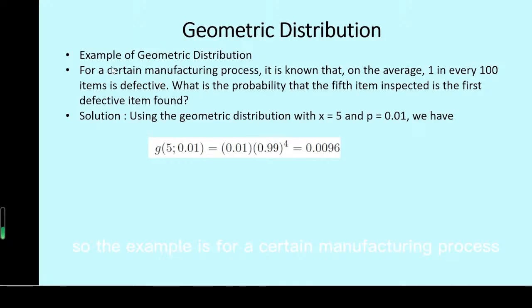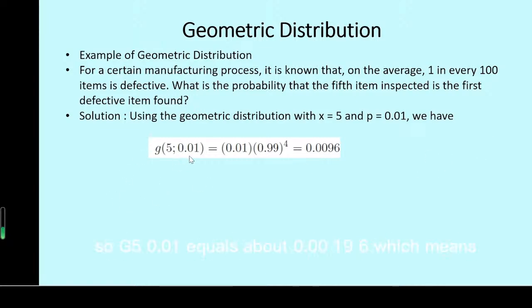The example is, for a certain manufacturing process, it is known that on average, 1 in every 100 items is defective. So this is the constant rate. What is the probability that the 5th item inspected is the first defective item found? The solution is, this is the geometric distribution with x equals 5. So we have to take 5 trials to get the first success, with p equals 0.01.